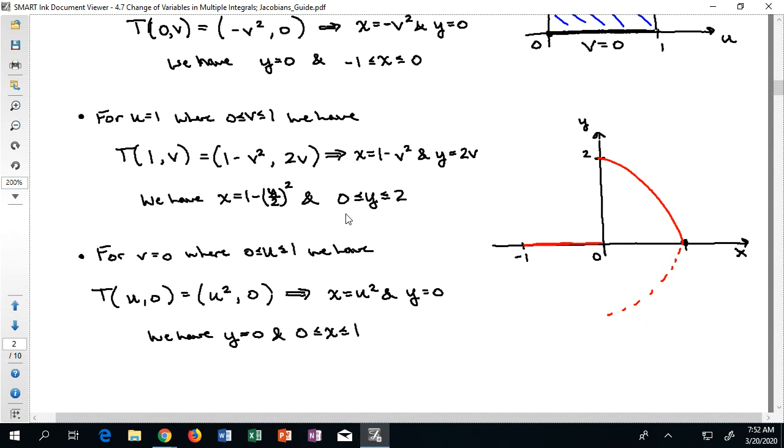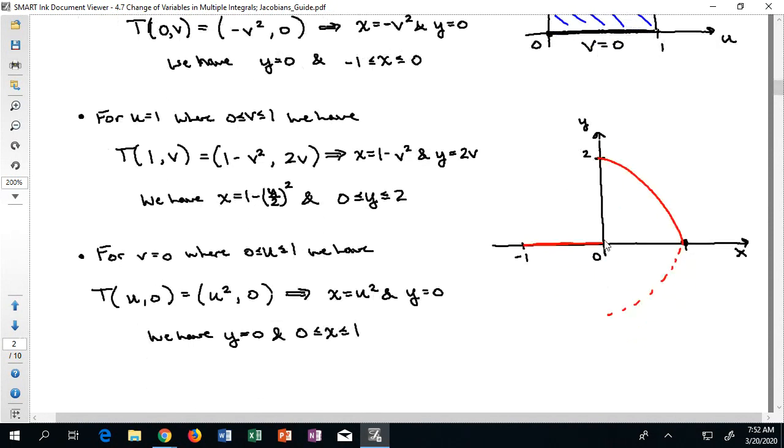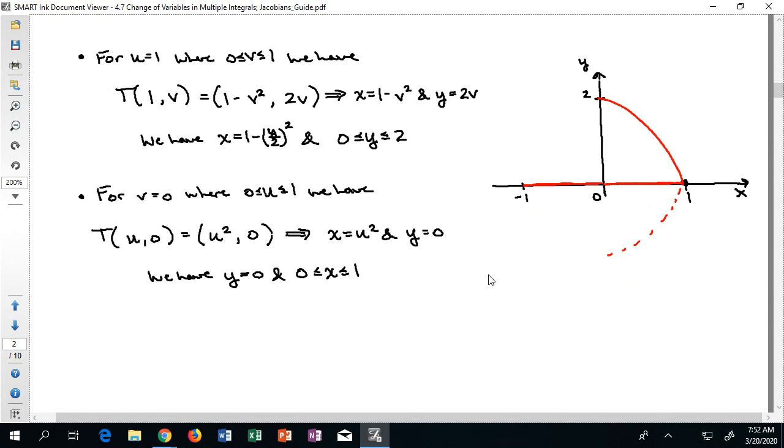So if I graph this in the picture, what I can see is that this v equals 0 side is going to get shifted and transformed into, well, it looks like this side right here. You can start to see now why I might not need this bottom portion of this parabola that we sketched up above, because it doesn't seem like it's closing in any sort of a region. Again, we'll leave it for the moment and erase it once we confirm that it's not necessary.